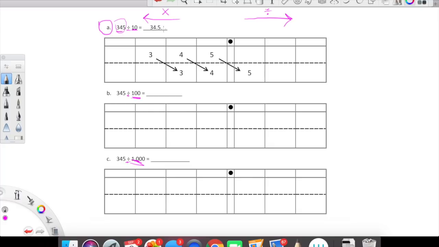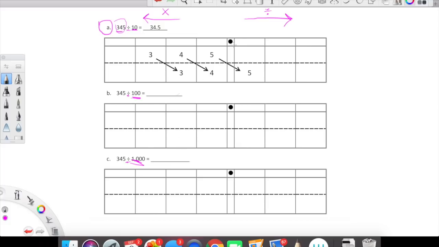Our quotient here when we divide by 10 is 34.5. I want you guys just to make some observations. Take just a moment to think about what our resulting quotient will be here and here. Here we're going to be dividing by 100, and here we're going to be dividing by 1,000. So just take a moment to make a quick prediction about what our quotients are going to look like.